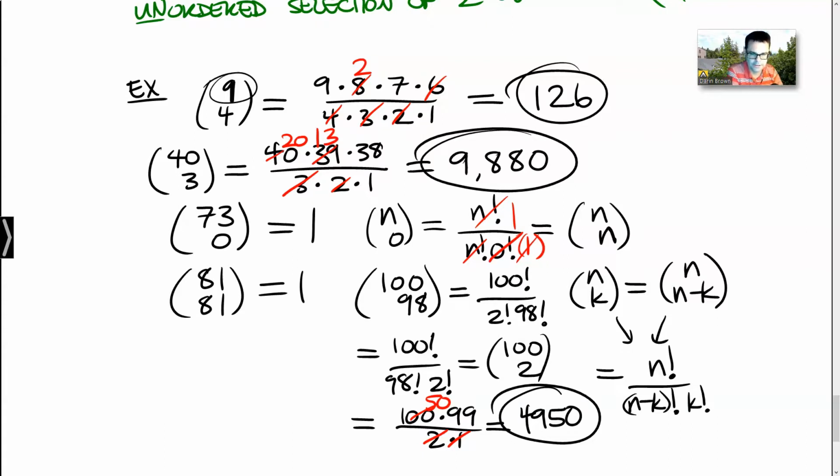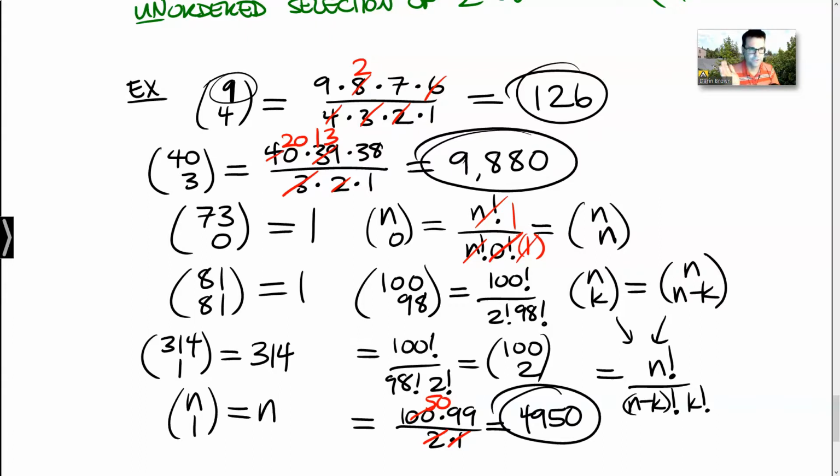So we've got the choose 0, the choose n, the n choose k essentially n minus k, and also anything choose 1. So like 314 choose 1 is going to be 314. So n choose 1 is always equal to n because you have 314 over 1. There's 314 objects. There's 314 ways you could select one of them.